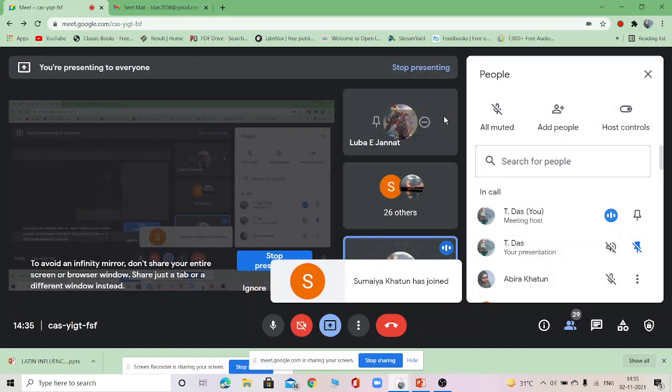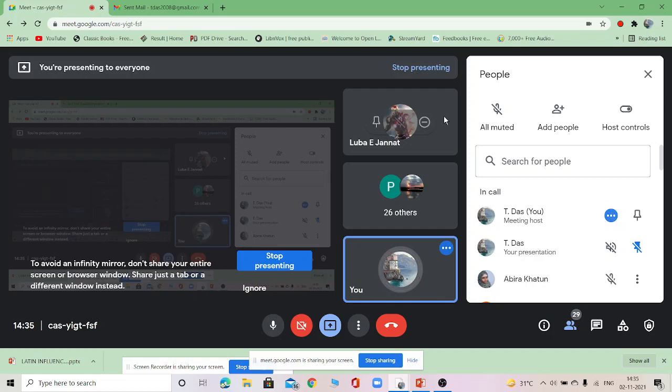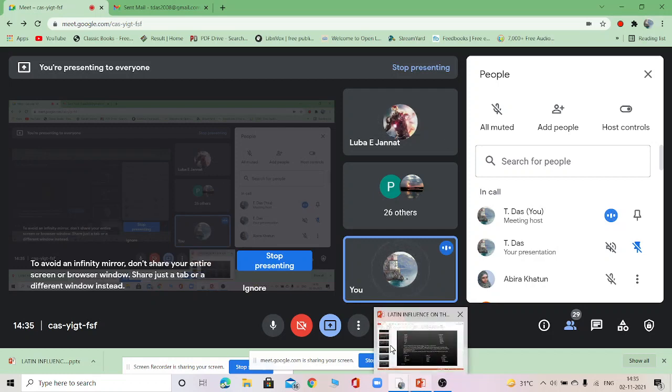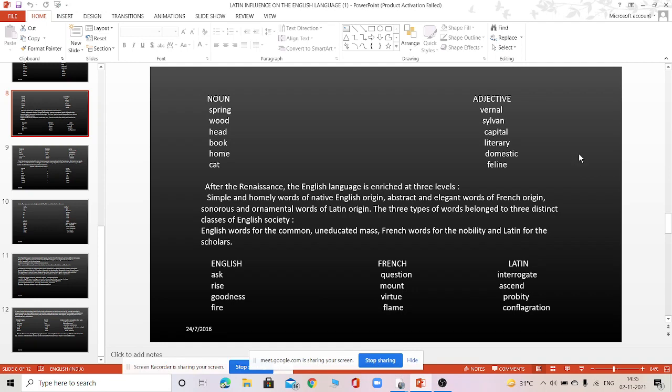They brought with them a different culture, French fashion, French food, everything different. And so the French words which arrived along with them were used by the nobility, and Latin for the scholars.